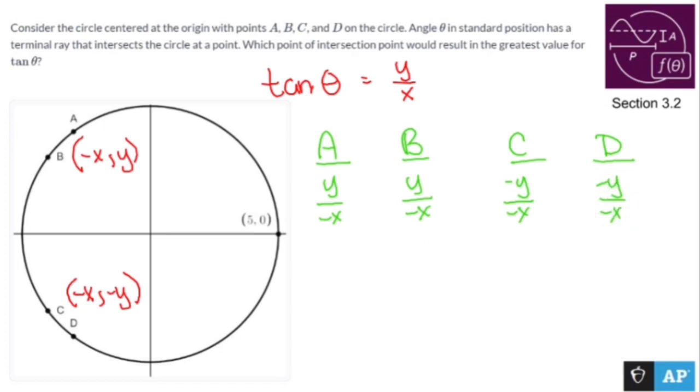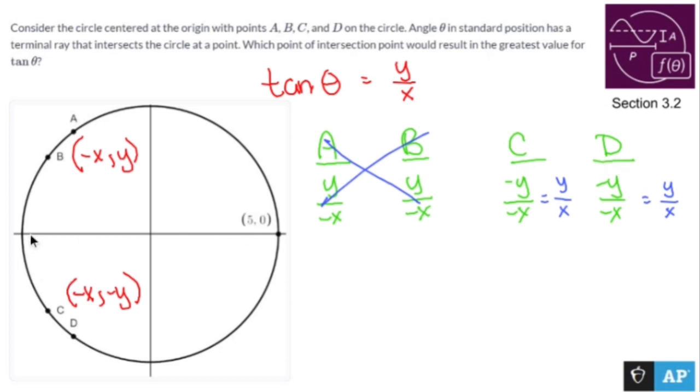Now, what this does for me is I could do a little bit of simplifying and remind myself that negative y over negative x is the same as positive y over positive x, and same thing for D. So of my four possible options, A is negative, B is negative, C is positive, D is positive, so neither A nor B can possibly be greater. So now I need to focus on C and D.